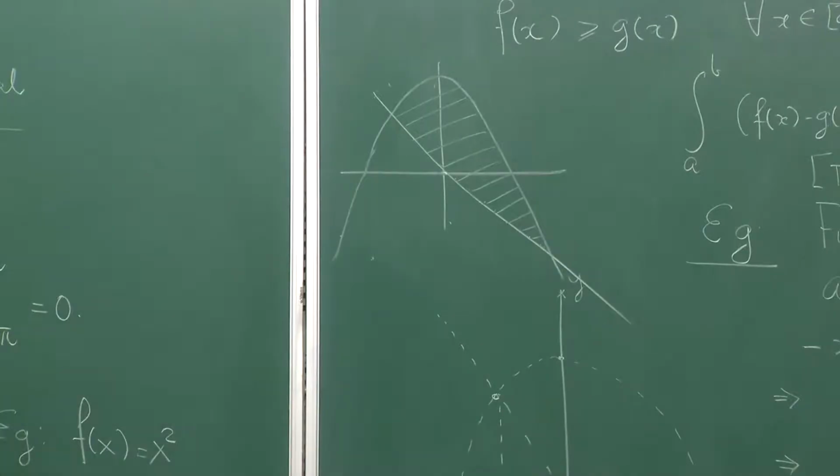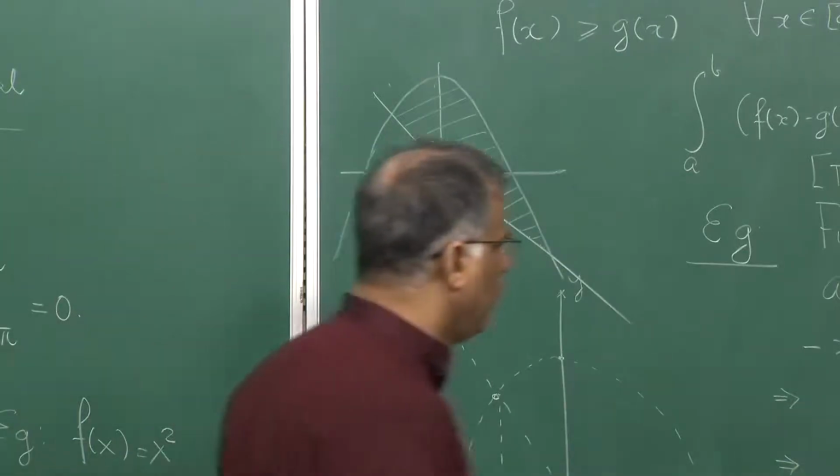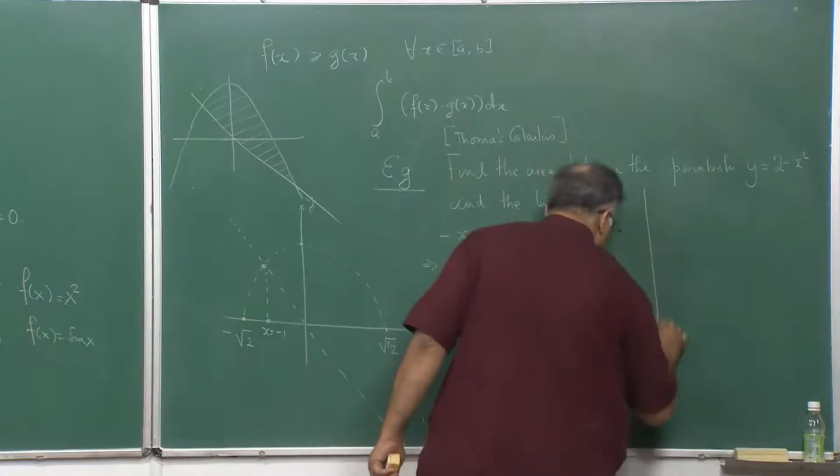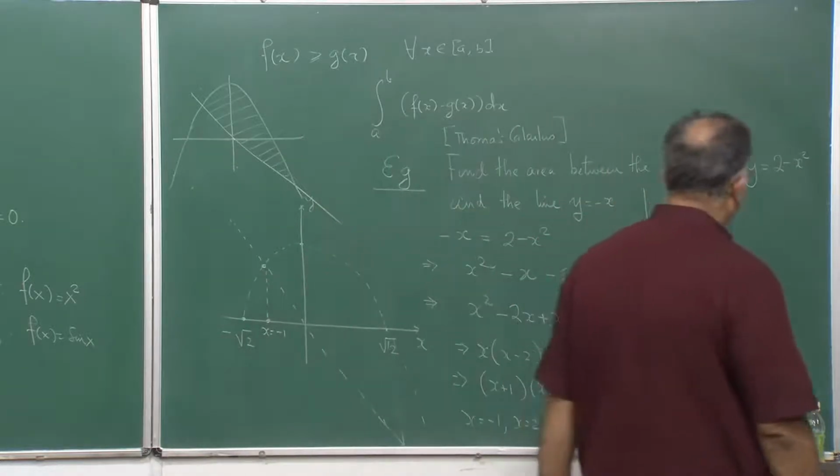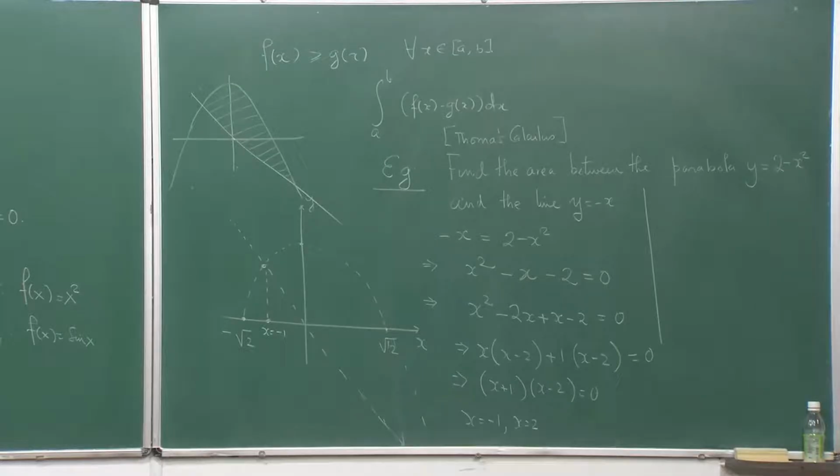So, what will we now do? Our tool is very simple. So, f is 2 minus x square and g is minus x. So, it is 2 minus x square minus minus x.